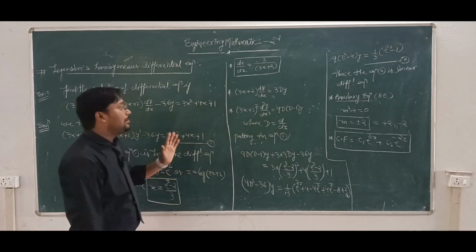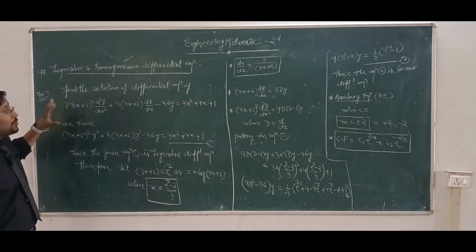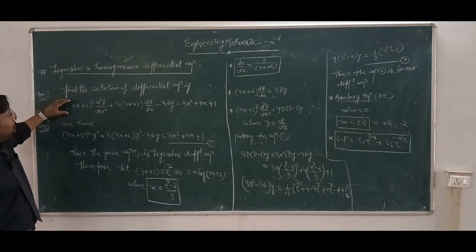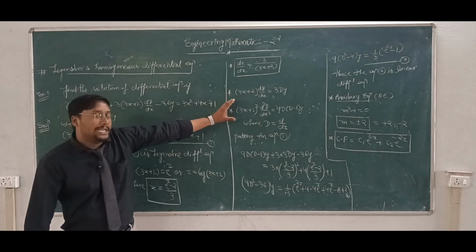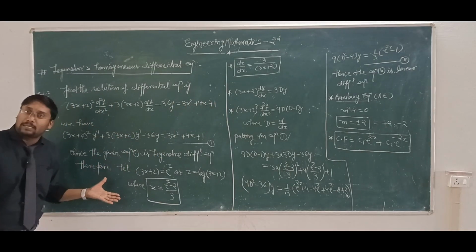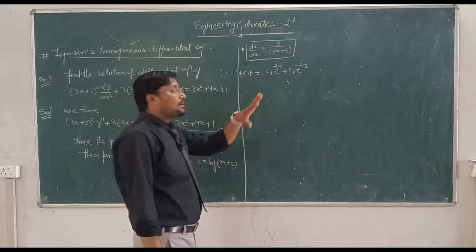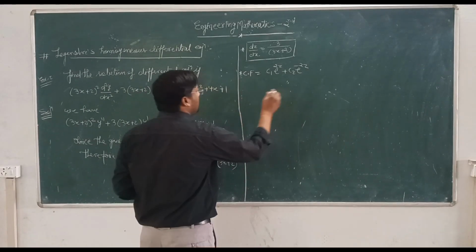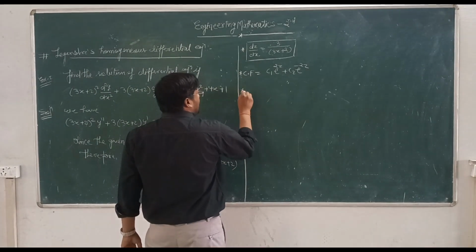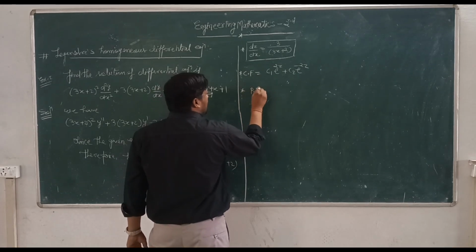First of all, you can note down all the values of this equation. You can reduce the Legendre differential equation to the linear differential equation form. Use this method. Continue to this step. The next step is find the PI.